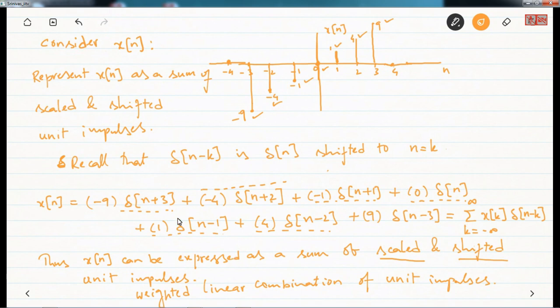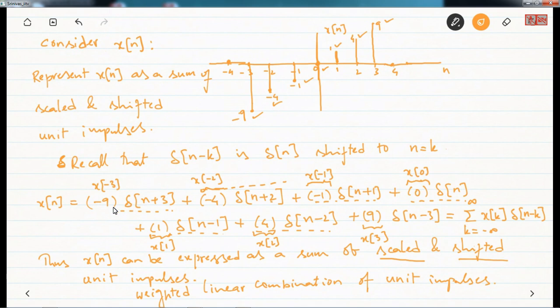Sorry for going back again, just one minor point. You can see this readily. This -9 here is nothing but the value of x at -3. This is the value of x at -2, this is x at -1, this is x at 0, this is x at 1, this is x of 2, and this is x of 3, right?